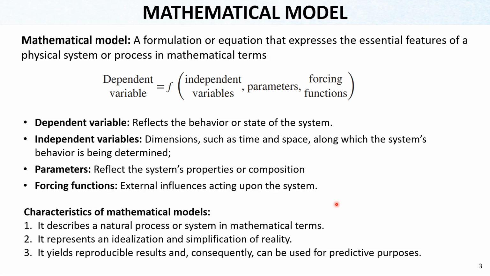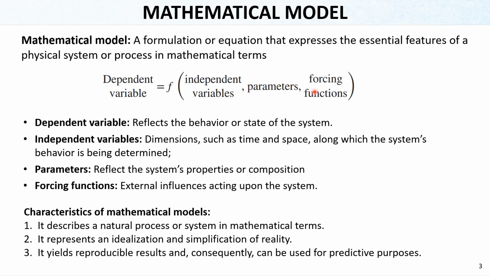So there are three characteristics of a mathematical model. First, it describes a natural process or system in mathematical terms, which is actually the definition of the mathematical model. And it represents an idealization or simplification of reality, because in reality there can be more complicated physical phenomena, but with a mathematical model we can simplify it.